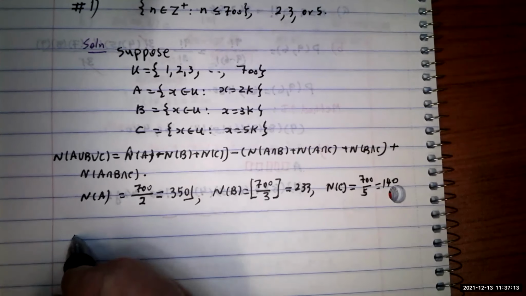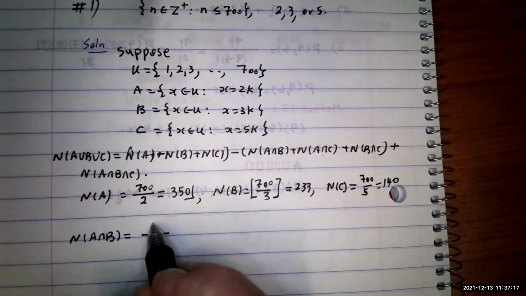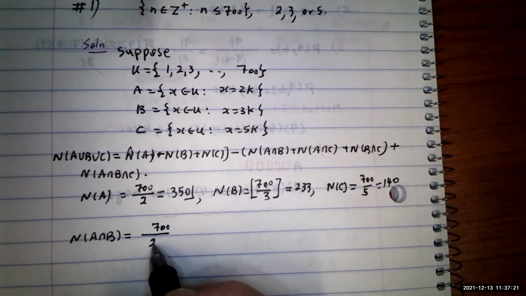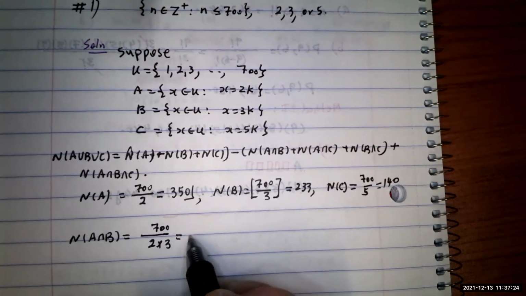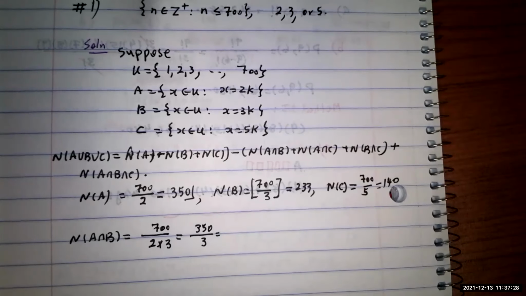So we go for the 2 by 2 ones. A intersect B: this is going to be 700 divided by 2 times 3. It's going to be like 350 over 3, and then it is not divisible.